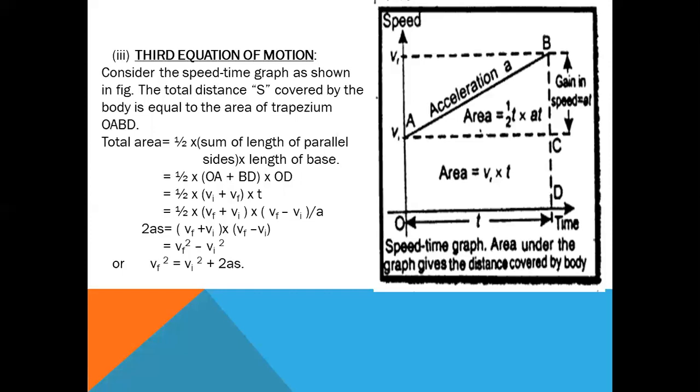Total area is equal to half times sum of length of parallel sides, multiplied by length of the base. Now, which sides are parallel? OA is parallel to BD. These are two vertical sides, but with each other, these are parallel.